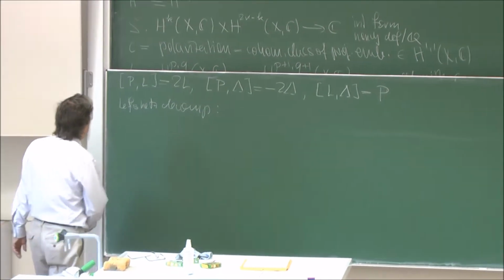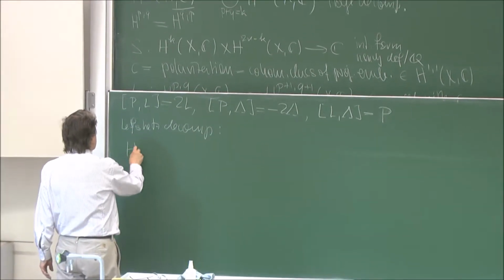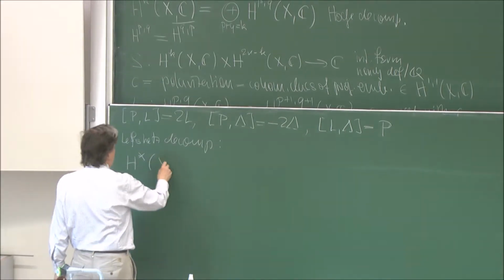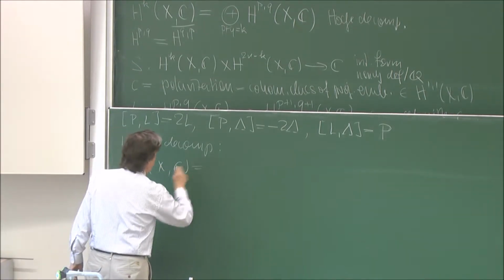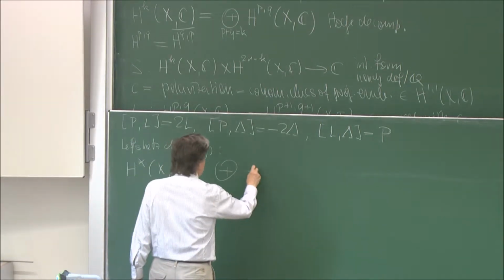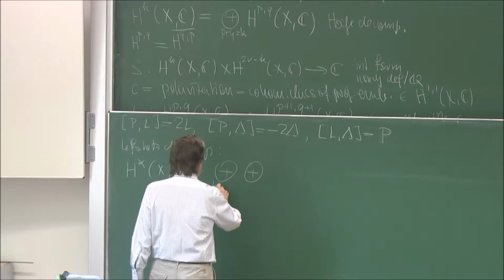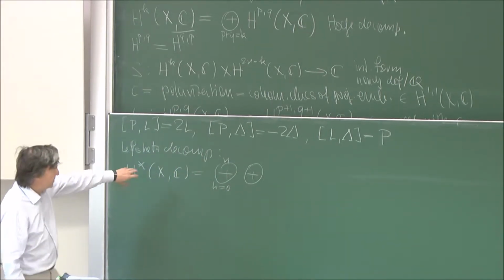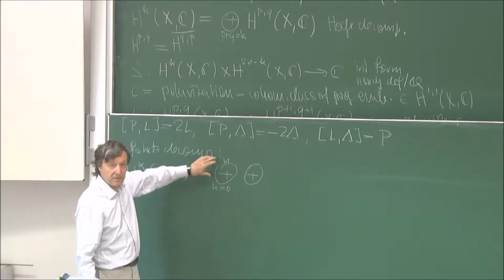So H, the cohomology, is equal to the direct sum for k going from 0 to n. So 2n is the real dimension, so n is the middle dimension.